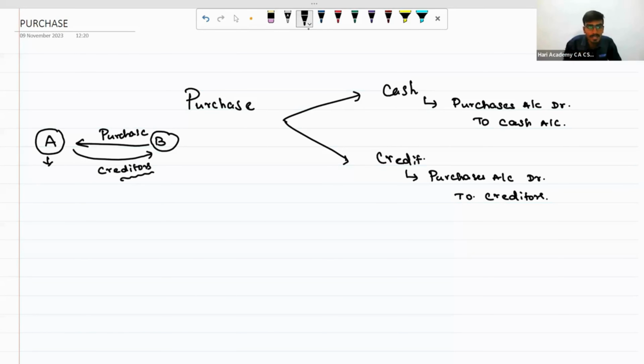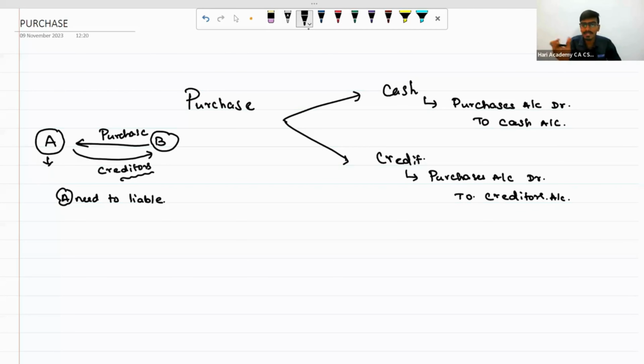A is liable; A has an obligation to repay the amount to B. So there is a liability, and liability will increase. We will write purchases account debit to creditors account.